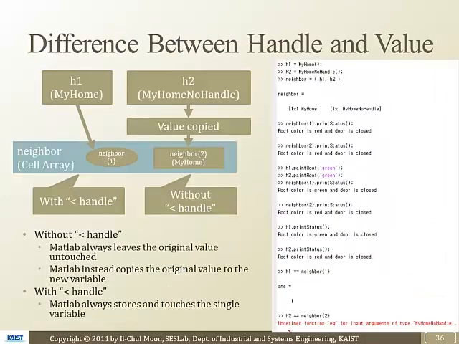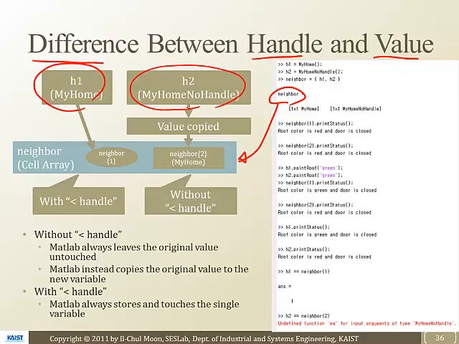Let me check. Okay, so there. The difference between the handle and value is illustrated here. So we have the neighbor set array like this, okay? H1 is instantiated, H2 is instantiated. What happens here is that if you store H1 in this set array, it just stores where H1 is.